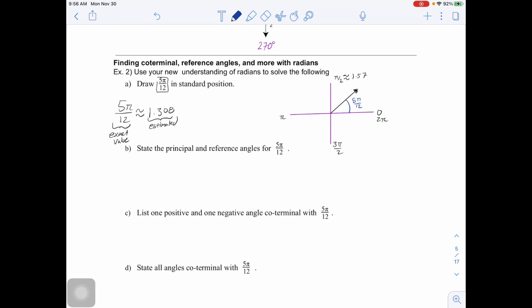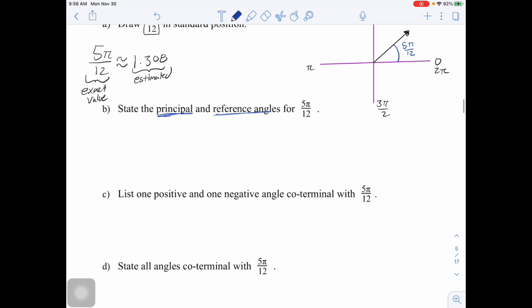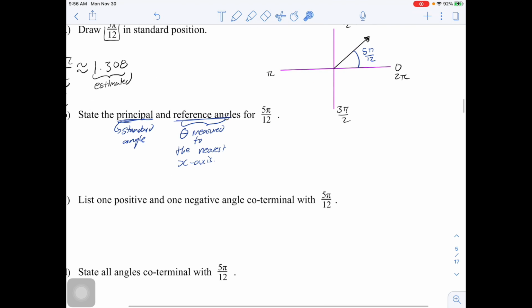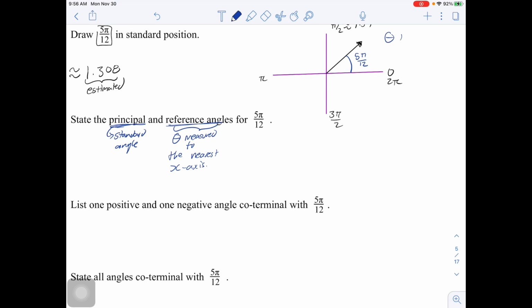So now it wants us to state the principal and the reference angle. Now recall that your principal is essentially your standard angle, and your reference angle is the angle measured to the nearest x-axis. So this one's a little easy because when you exist in quadrant 1, well, your principal angle is your reference angle because the nearest x-axis is the positive x-axis.